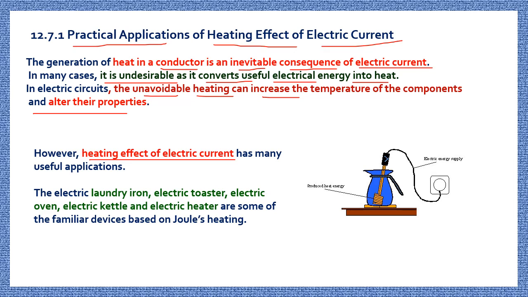Where can we use this heating effect of electric current? We can use it in iron, toaster, oven, kettle, electric heater and some other familiar devices also. All these devices are based on Joule's heating effect.